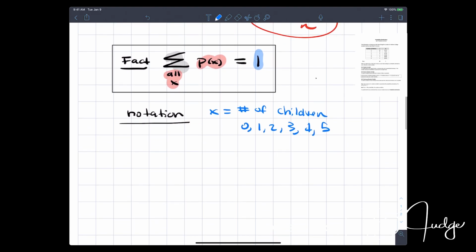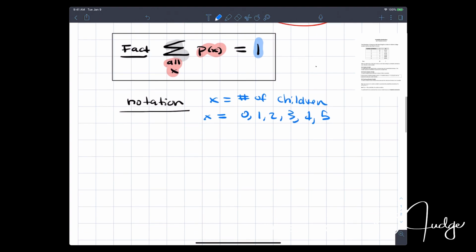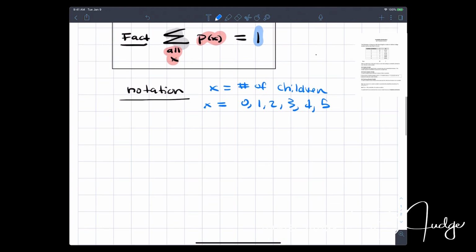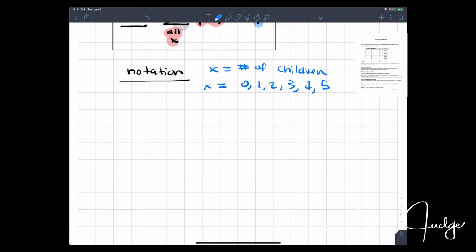This is the value that our random variable can assume. We're going to answer every one of these questions here. The probability that x equals 0. The probability that x equals 1.